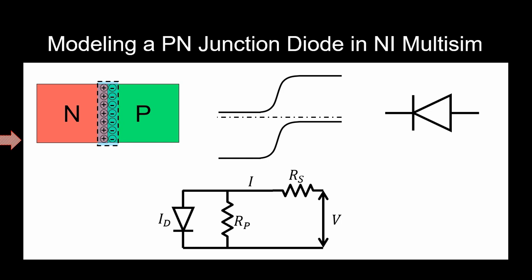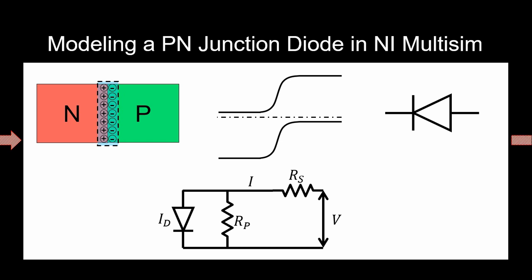It will give you a basic idea of the device physics of a PN junction diode and how we can simulate it in NI Multisim. Okay, so now I assume that you know about PN junction diode and its simulation in NI Multisim and also its equivalent circuit.